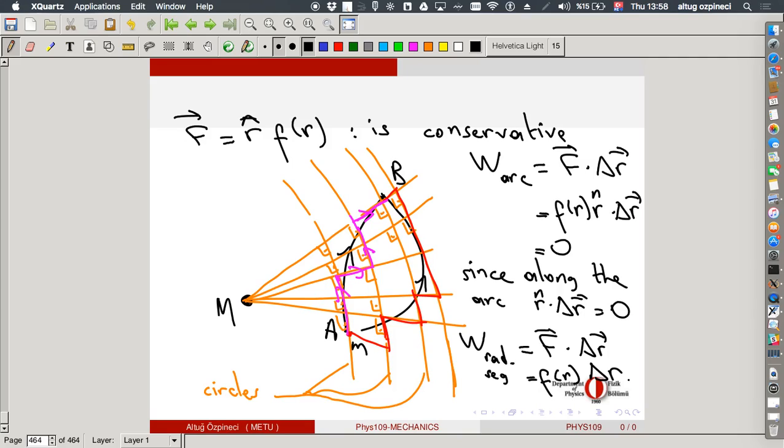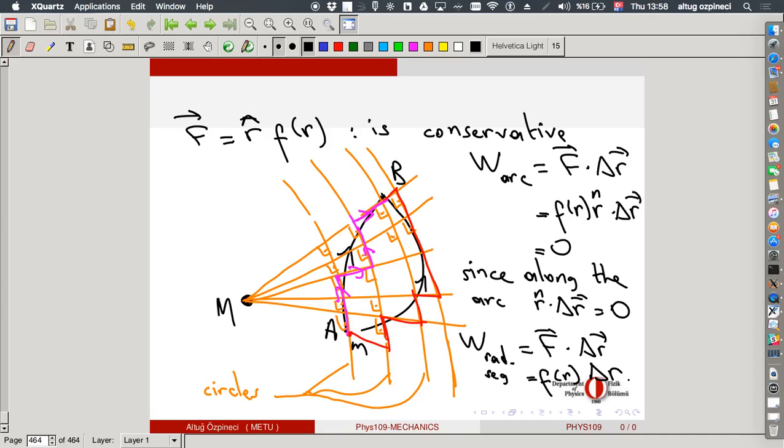Now the work done along these radial segments was F dot delta R. Well, delta R is in the radial direction. The force F is in the radial direction.